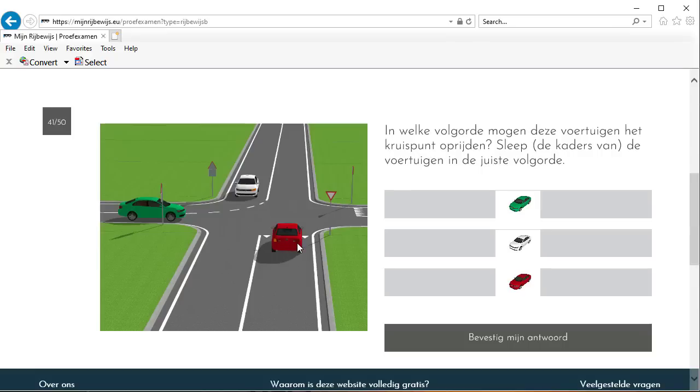So anyone who's turning to his left should give priority to the other cars. It doesn't matter if green turns right or left, because green is traveling in the same direction. Even if it goes straight, it still gets priority. Then is white and then is red.